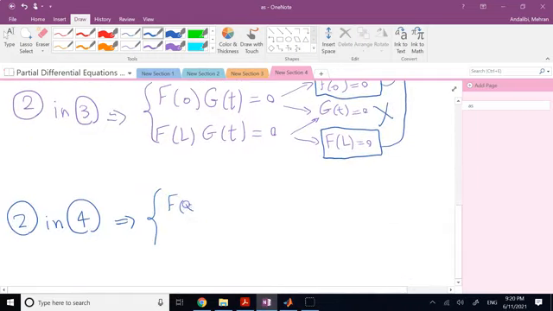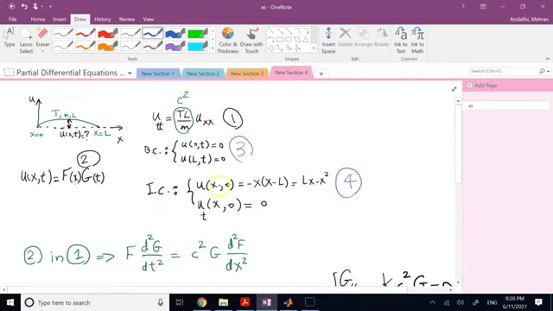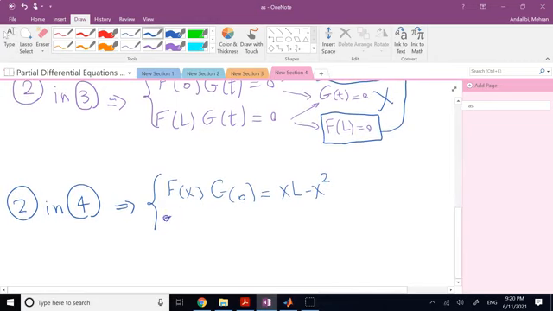So f of x times g of 0 is equal to xL minus x squared, and that is a function of x. And the first derivative of that, which comes from the time derivative of u at x and 0, is 0, so it is going to be f of x times the derivative of g with respect to time at time 0 is 0.